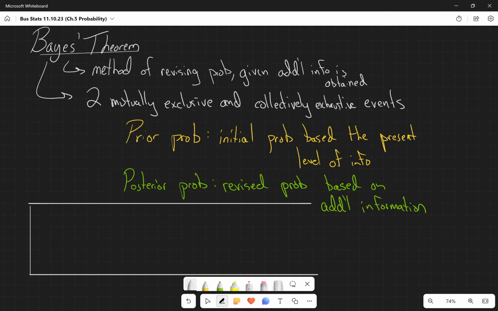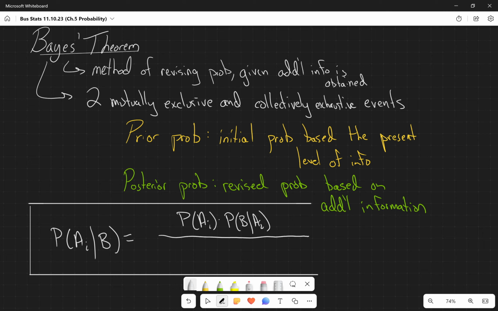So the Bayes' theorem formula states that the probability of some event Ai given B happening is equal to the probability of that event Ai times the conditional probability of B happening given that event Ai, divided by the probability of A1 times the probability of B given A1, plus the probability of A2 times the probability of B given A2.